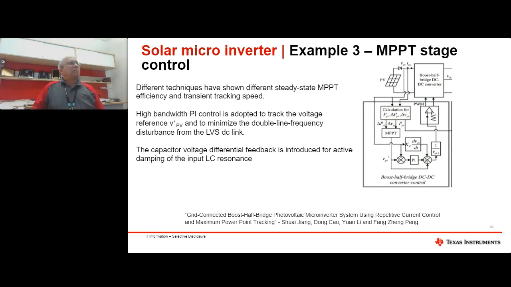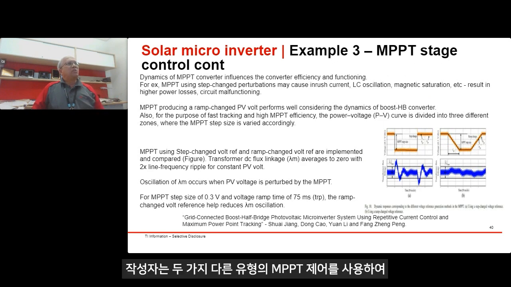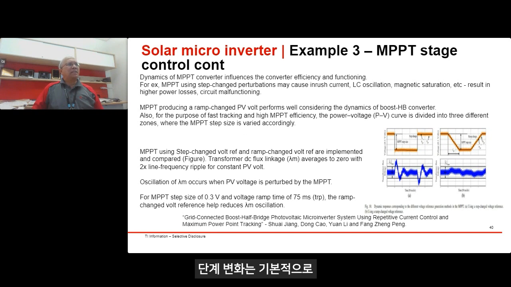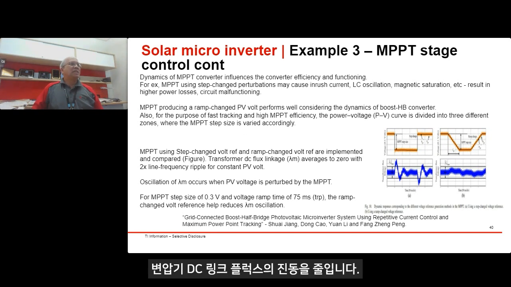In the MPPT, the authors reported using two different types of MPPT control. You can see in the figure here, step change and ramp change. The step change reduces basically the oscillation in the transformer DC link flux.